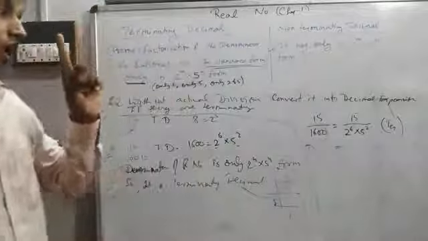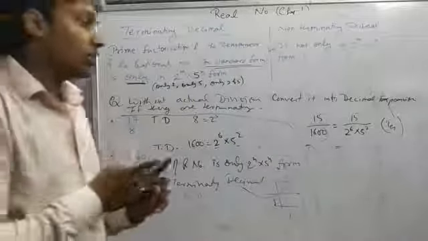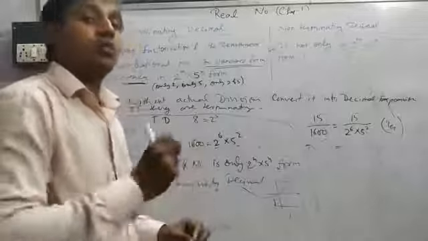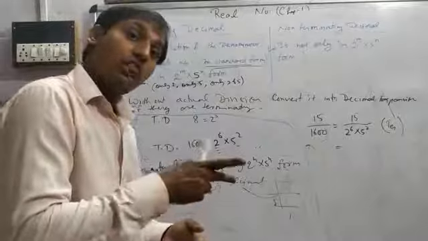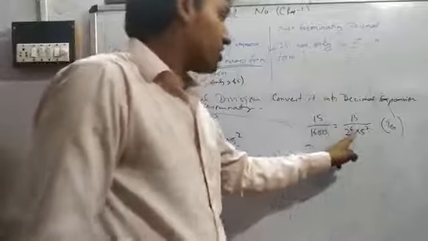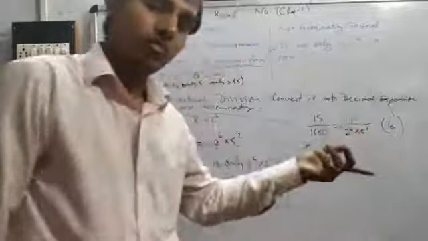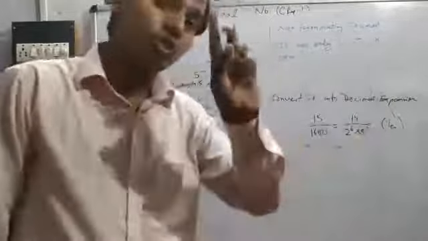First thing, in the denominator, we want the number of 2s equal to the number of 5s. Means as many 2s as 5s. Here, the number of 2s is 6, 2 is multiplied 6 times, and 5 is multiplied only 2 times.